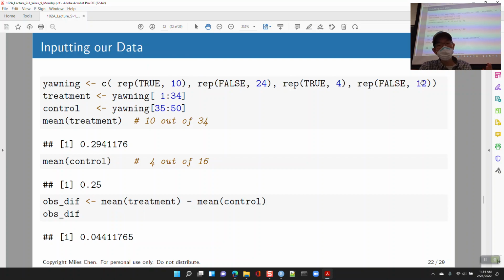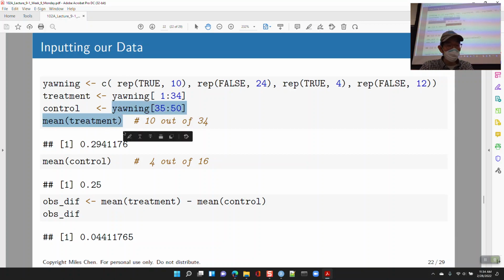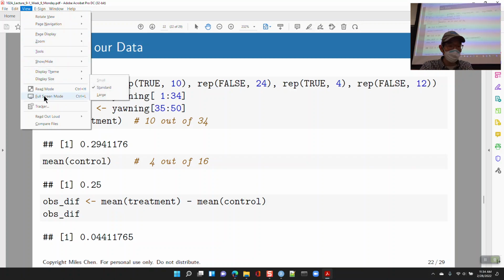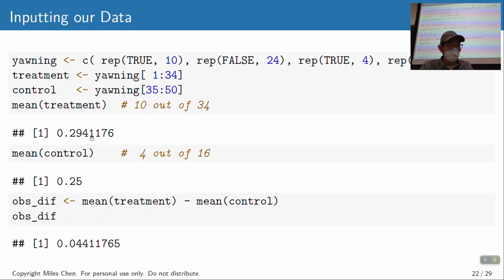So here I have a vector of length 50. The first 34 will be my treatment group. The last 16 will be my control group. I've got 10 out of 34 in the treatment group that yawn, 4 out of 16 in the control group that yawn. And so when I calculate the proportion that yawned for the treatment group, I get 10 out of 34, or a proportion of 0.294.